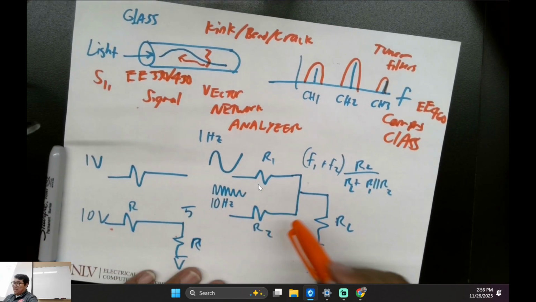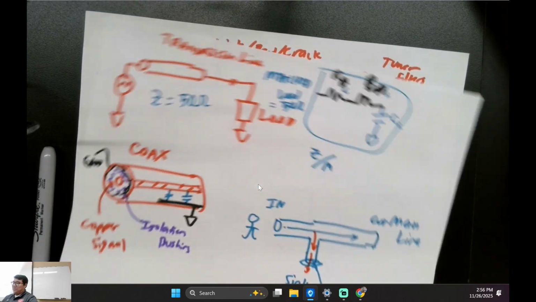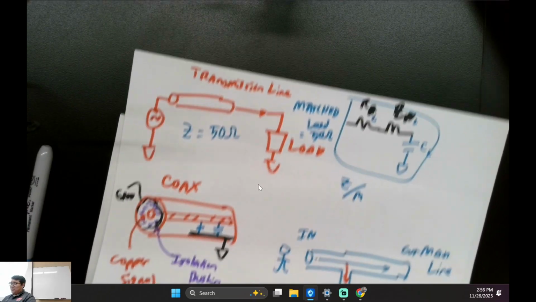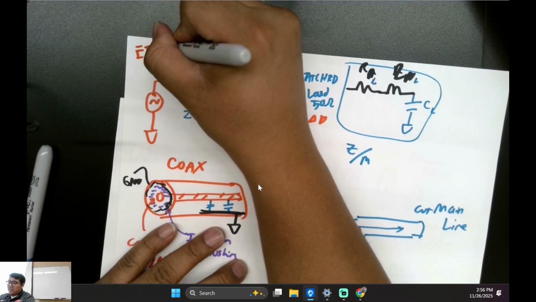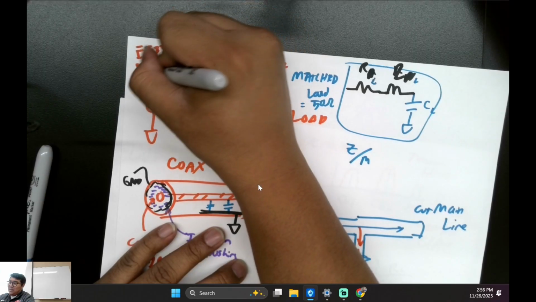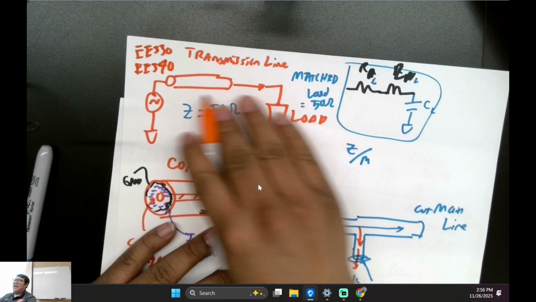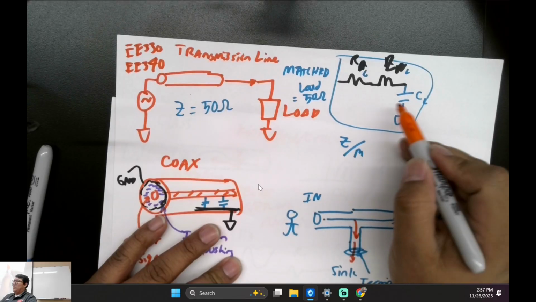If you wanted to know about power matching and the transmission line stuff right here, you can learn this also in 330. We also have our EE340 class, which is our power class, which focuses on the actual reactive power.